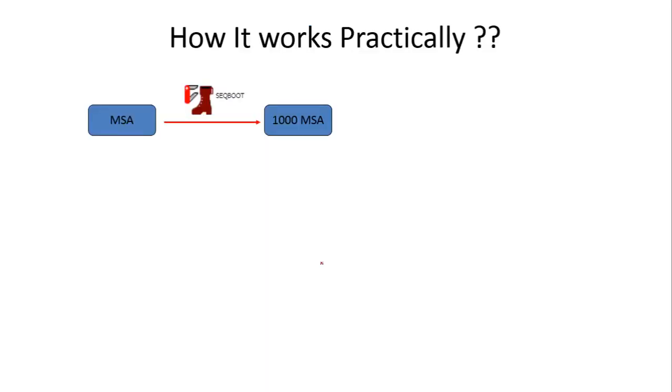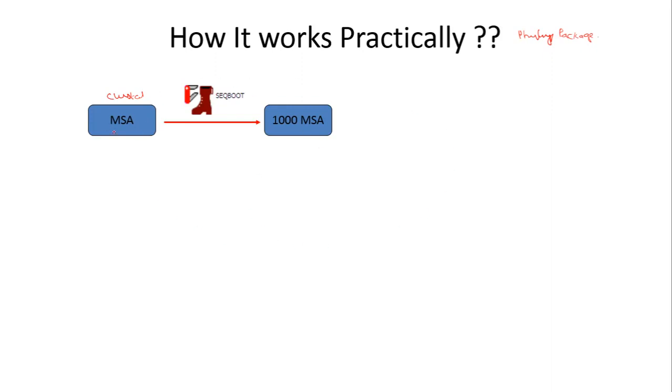Okay, so now how would these things practically work, right? Well, say for example, you might generate a multiple sequence alignment using software like Clustal. Okay, and if you are using a set of computer programs called the Phylip package, then this is how you might work.